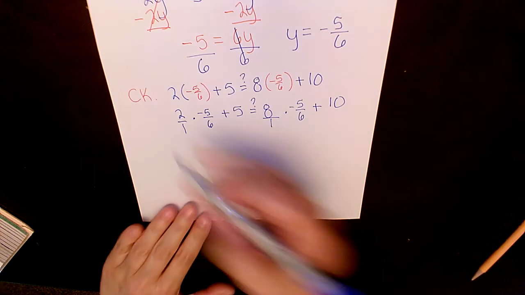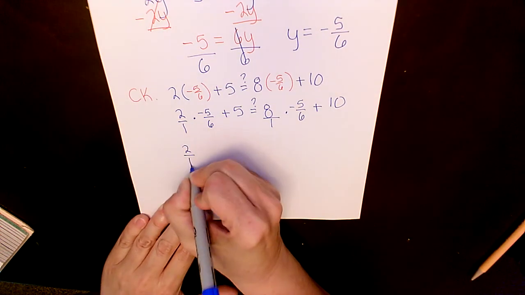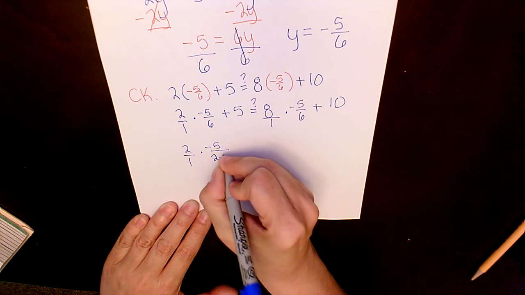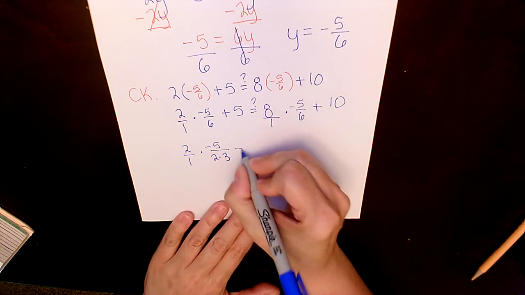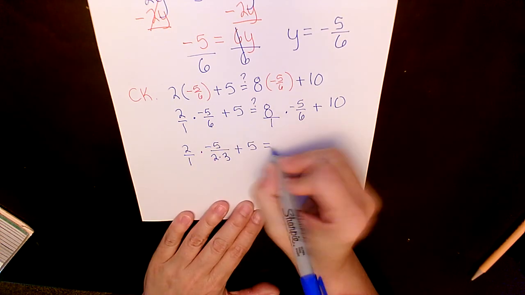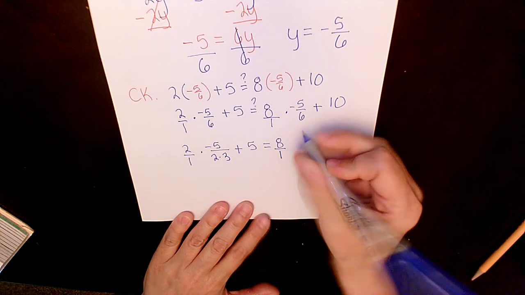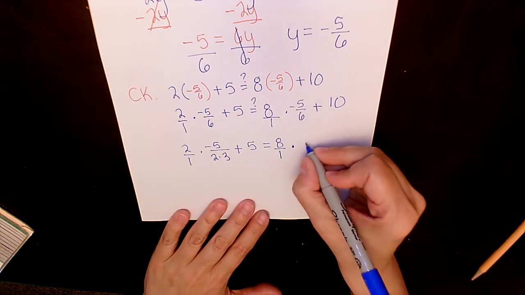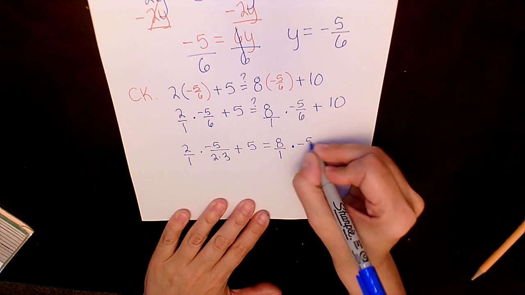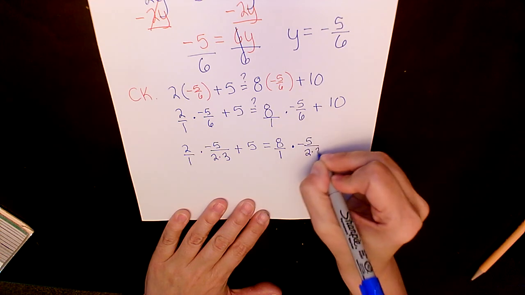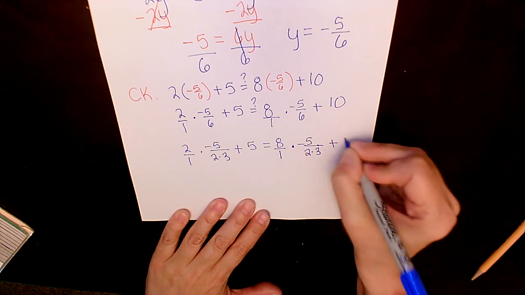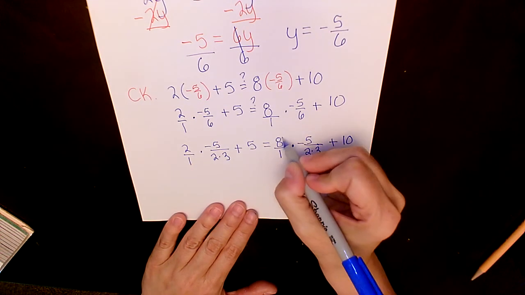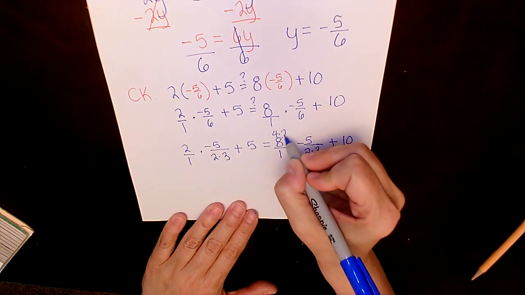Let me rewrite that again, because I know I can break down that 6 to 2 times 3. And I did that on the right side, and I can break this down.